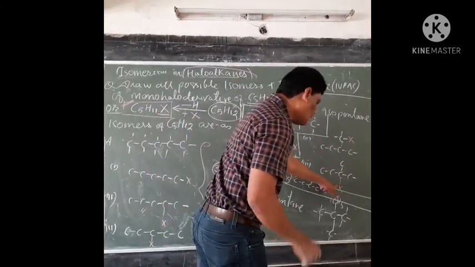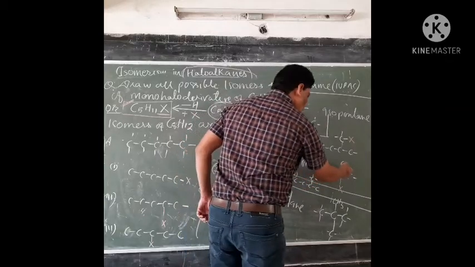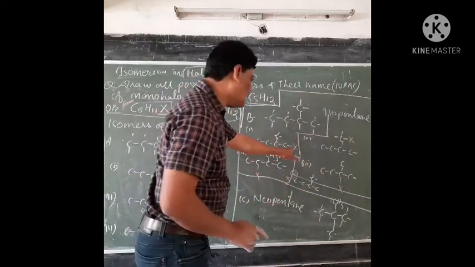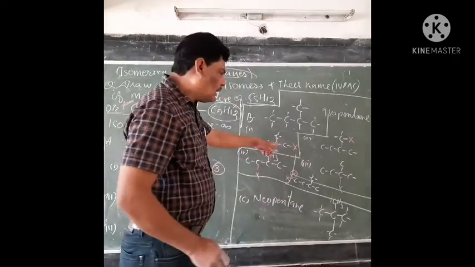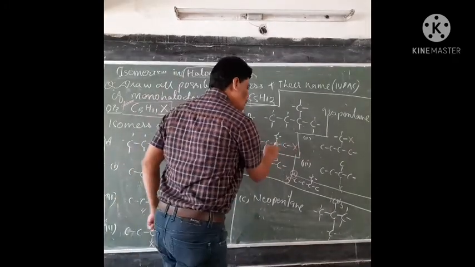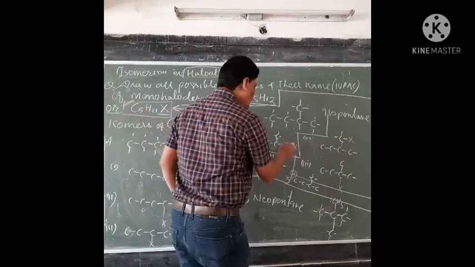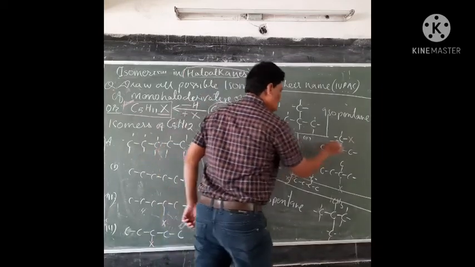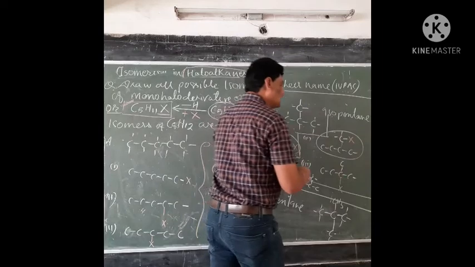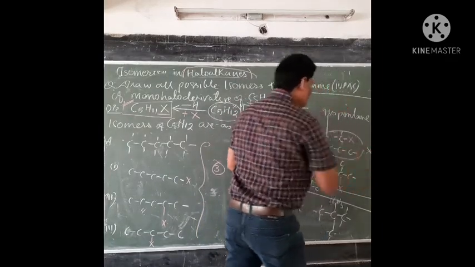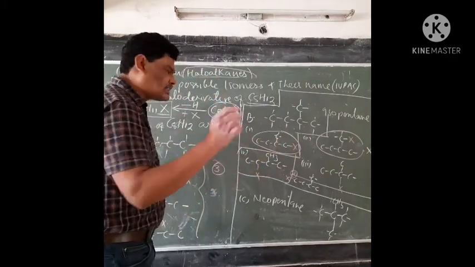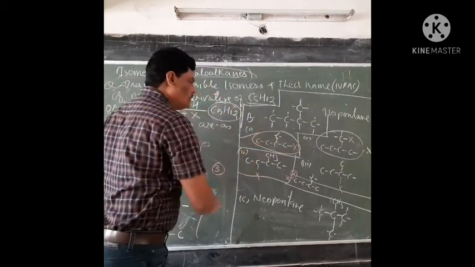If you write the other one, it becomes 2-methyl-1-halobutane. So this compound is just similar to this compound. So cancel any one. Suppose I cancel this one. Now the possible structures become only one.